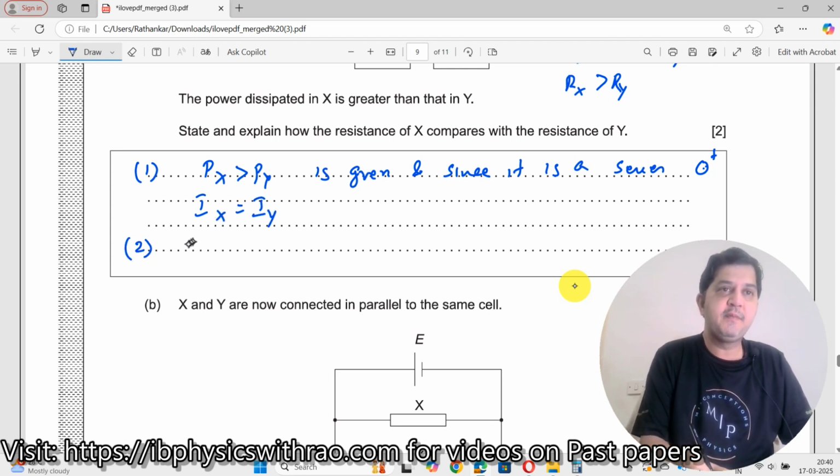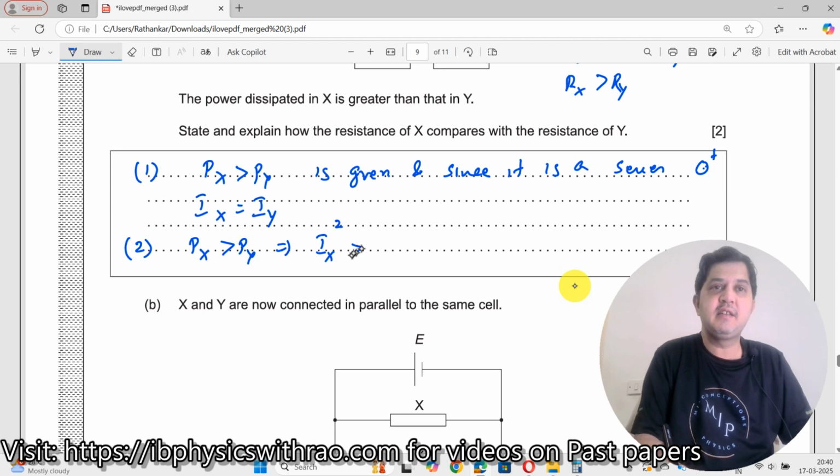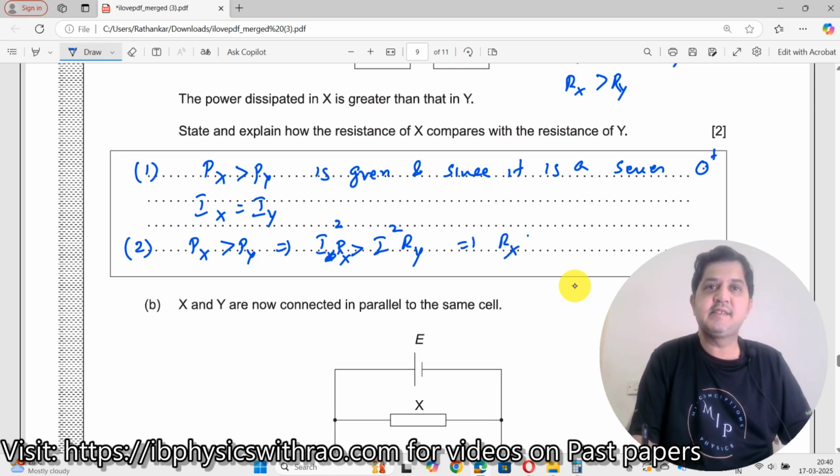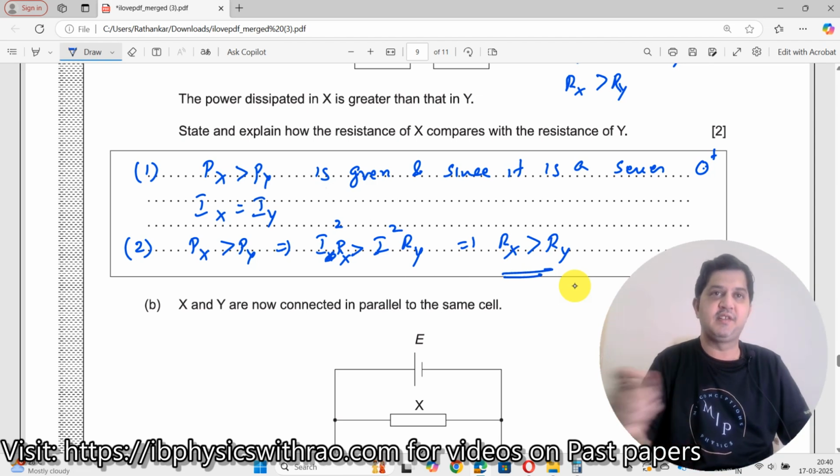Second one, Px greater than Py implies I squared into Rx is greater than I squared into Ry, which implies Rx is greater than Ry. Okay, so we have mentioned this.